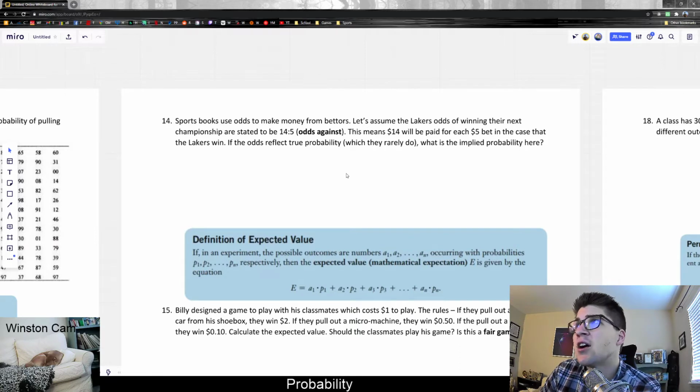Let's assume the Lakers' odds of winning their next championship are stated to be 14-5. Another thing that can be confusing about odds is that with betting and sports books, the odds are usually listed as a monetary gain. If you don't really know how they work, they can be really confusing.